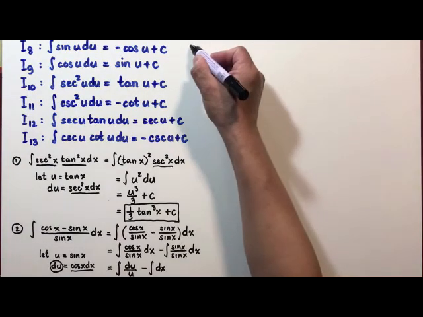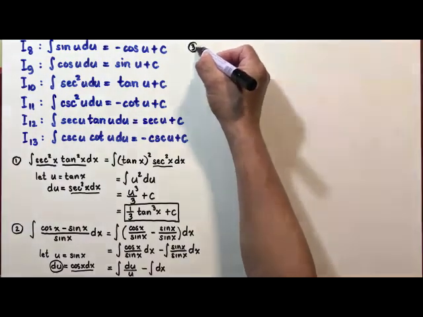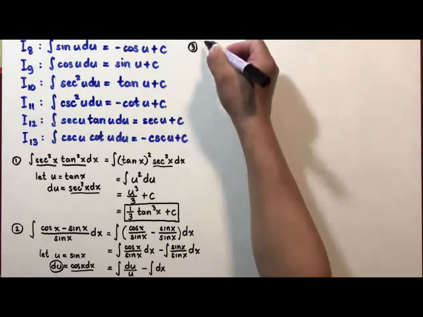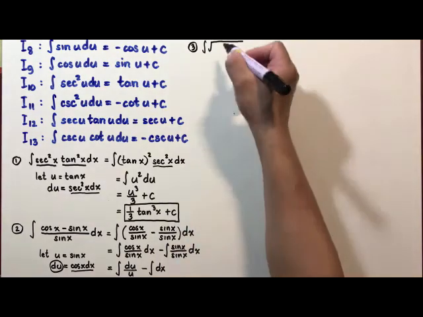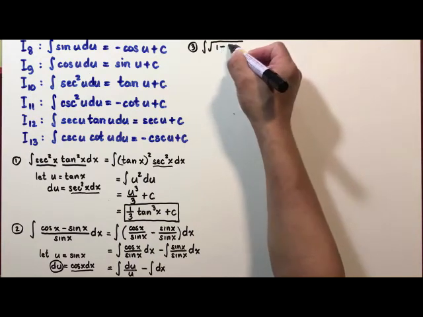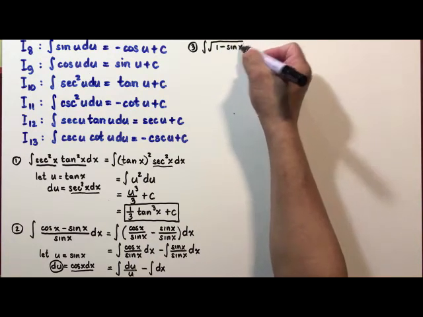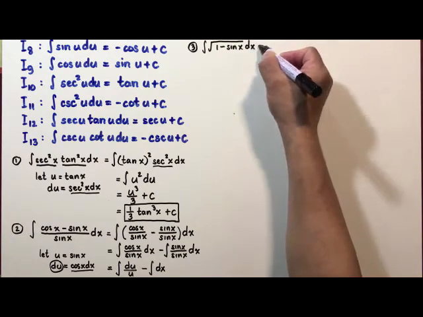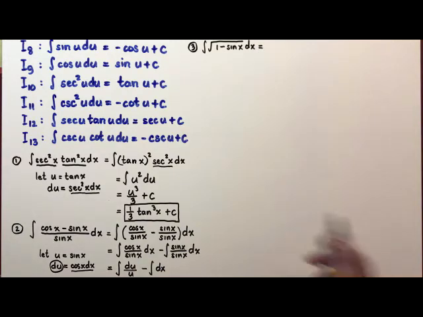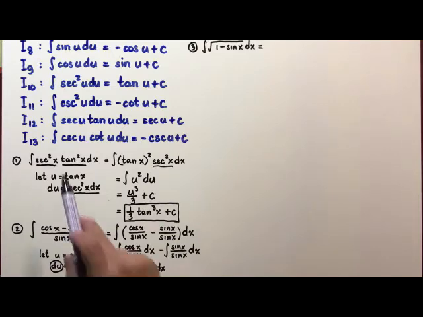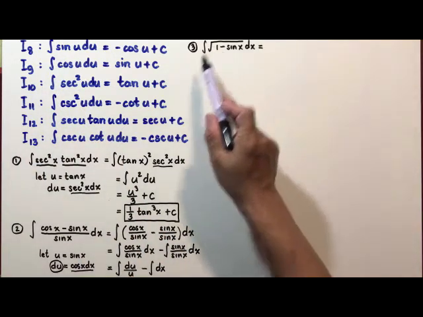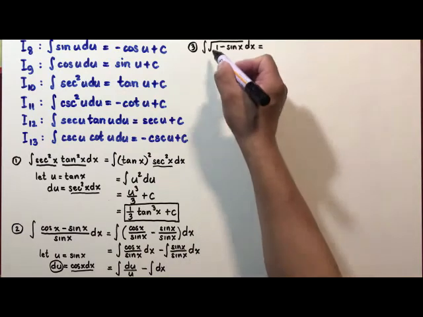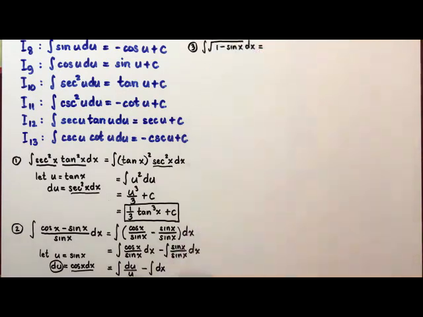So our third example is: what is the integral of the square root of 1 minus sine x dx? Now looking at this integrand, it is very difficult to apply formula number 8 right away, because there is an exponent of 1/2 because of this radical symbol of square root.